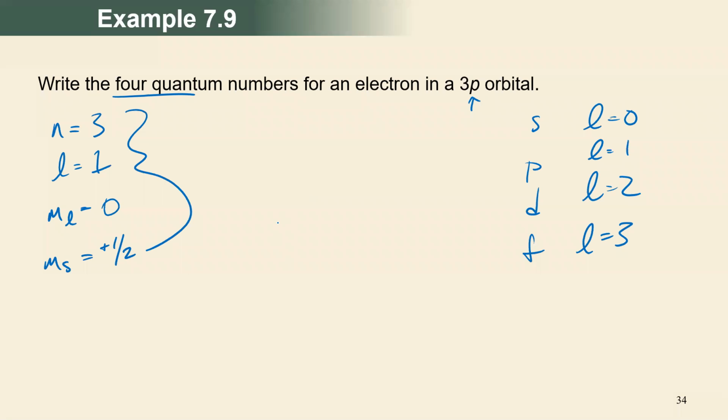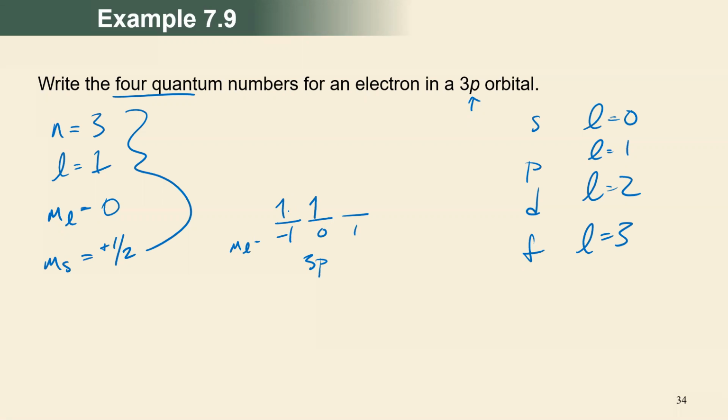If I just drew out the 3p real quick, we usually go across and number them -1, 0, +1 for the M sub L values. So the electron you've just described is right there. We're not going to fill the 0 level first.